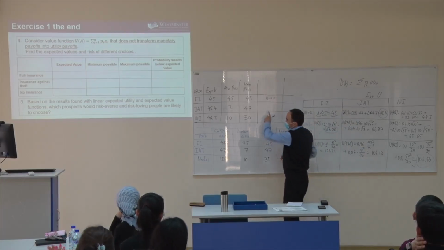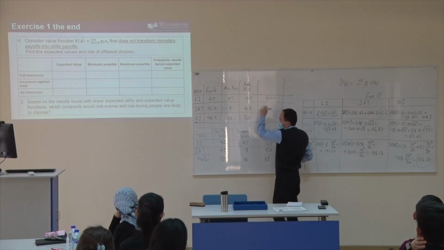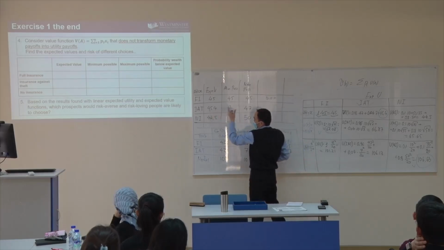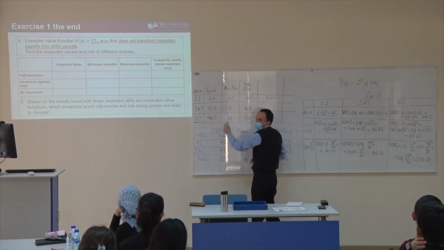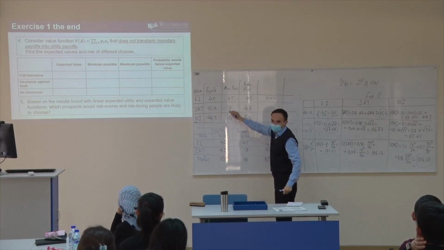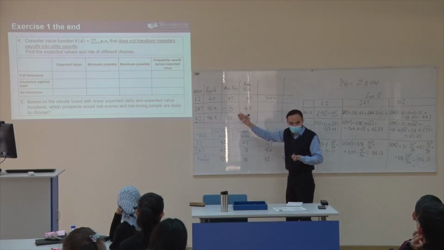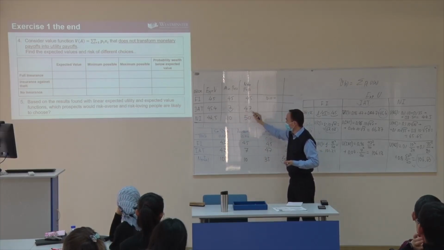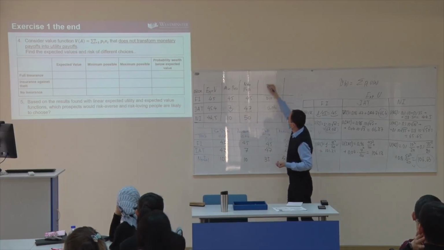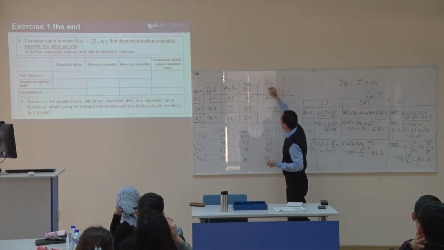And what is the probability of the cases where our value is going to be less than 45.4? There is only one case, which is going to be 7. In any other case, it will be 47. So now we have 4% probability that our value is going to be less than expected value.